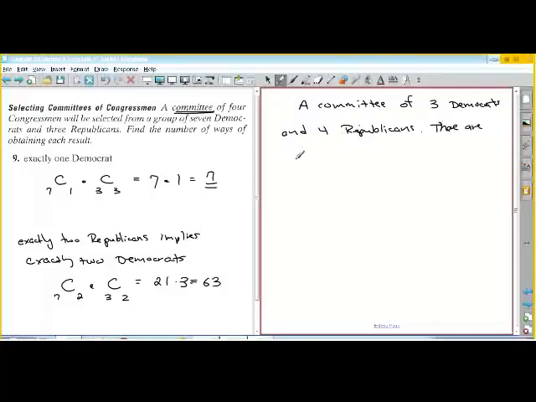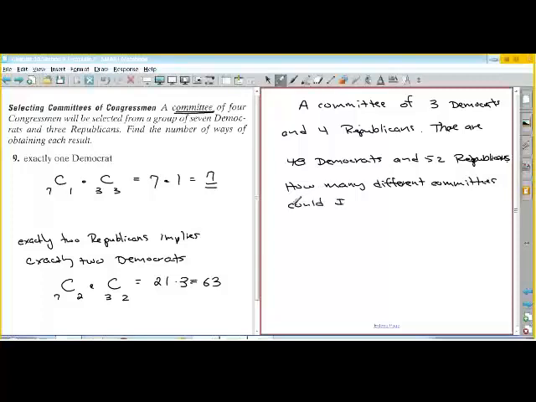Let's say it's the Senate, so there are 48 Democrats and 52 Republicans. How many different committees could I have? It's the same thing as we just did previously.